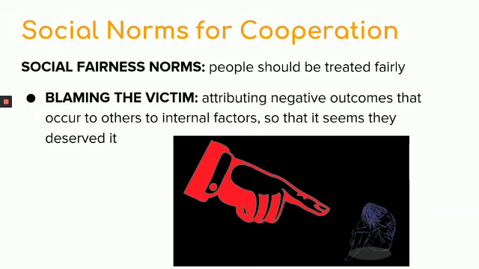So if you see somebody having negative outcomes, so not getting resources or maybe being punished, what you do is you attribute, which means you say that person got nothing or got punished because of something wrong with the other person, and so they deserve it.